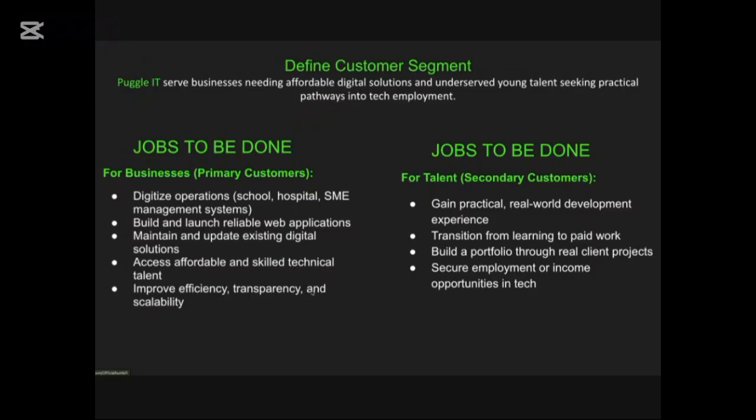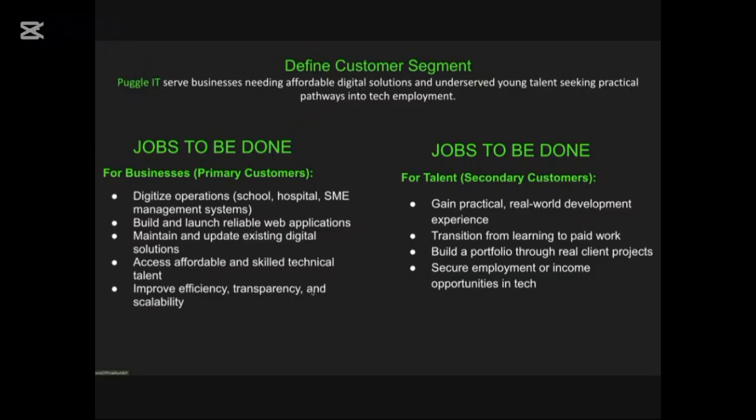So for businesses, our primary customers, many now want to digitize operations, like schools, hospitals, SMEs, small and medium scale businesses, building management systems, hotels, and all of that. That is the job, and it is a huge one. Digitizing the operations of all these segments of businesses in Nigeria is a huge job, if you look at the number of businesses that don't have digital solutions.